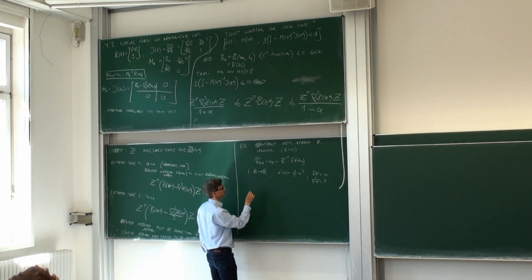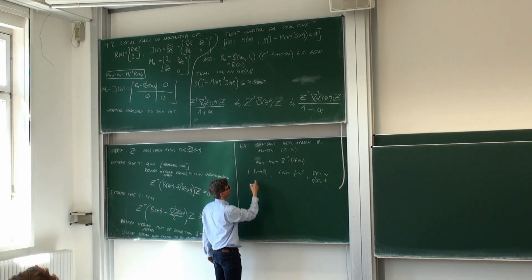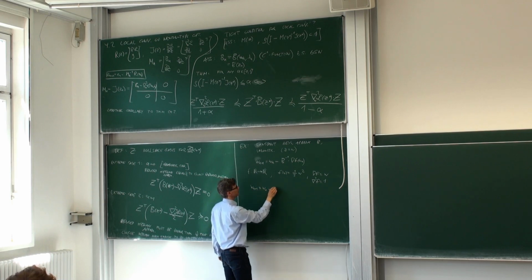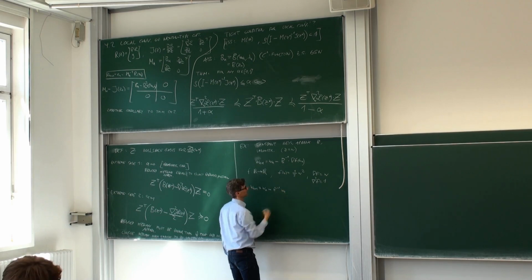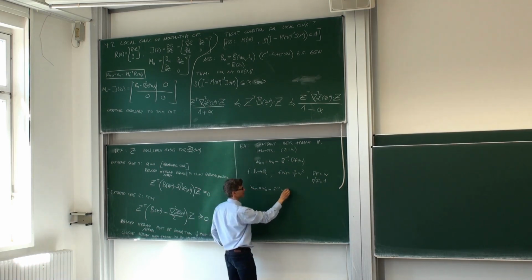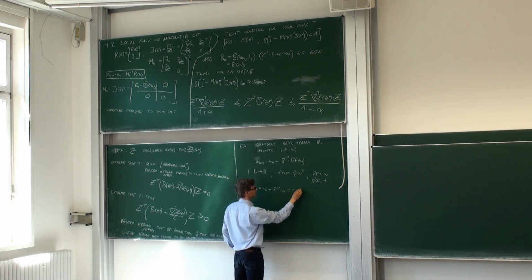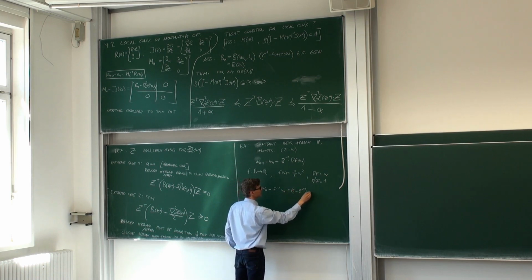Now I could just look at what happens here. I now have an iteration W_{k+1} equals W_k minus B to the minus 1, where B is now a number by the way, times W_k. So I can also see this is actually 1 minus B to the minus 1 times W_k.